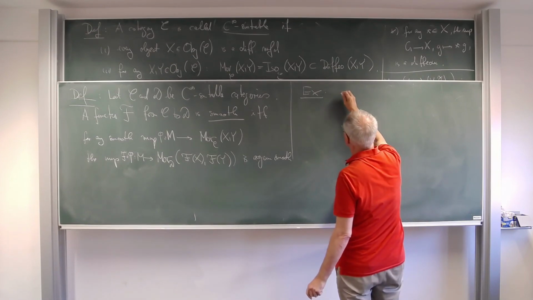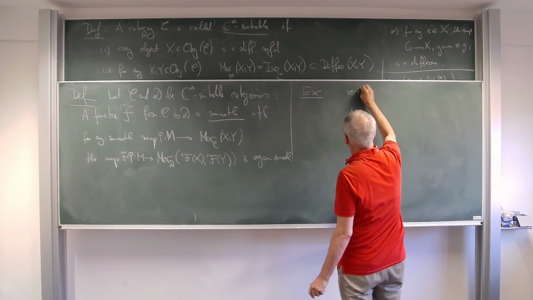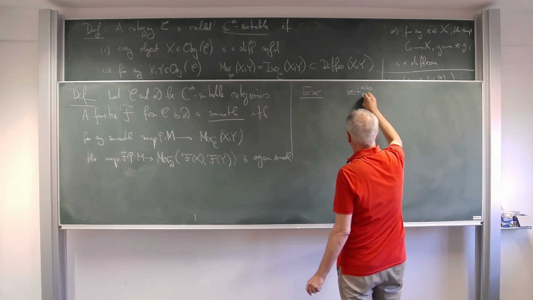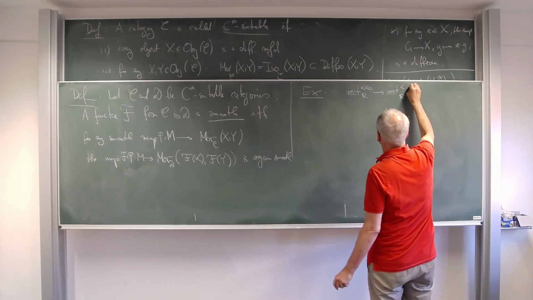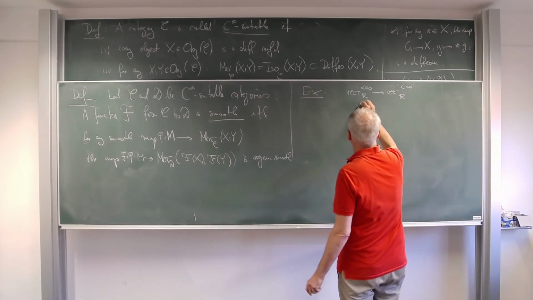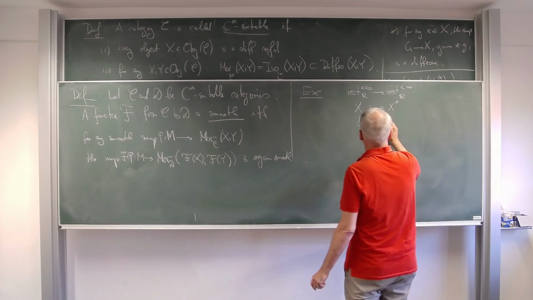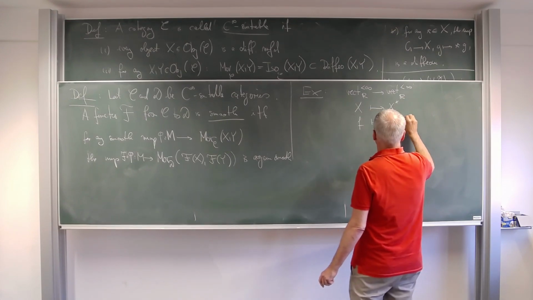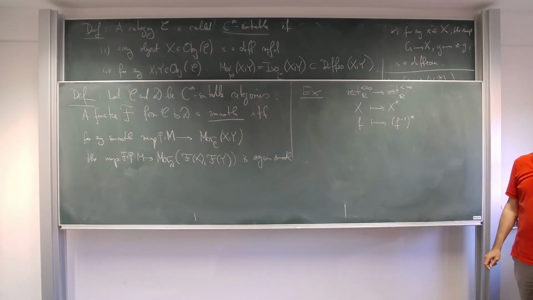Namely, the functor was given on finite dimensional real vector spaces by going to the dual space. X is being mapped to X star, and the morphism is mapped to the inverse star. So now I'm claiming this is a smooth functor. Why is that?